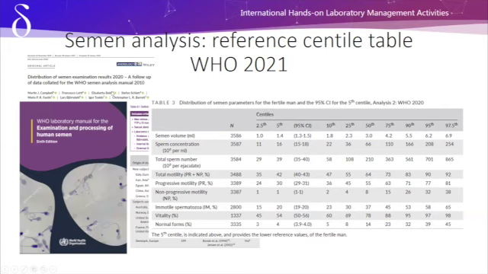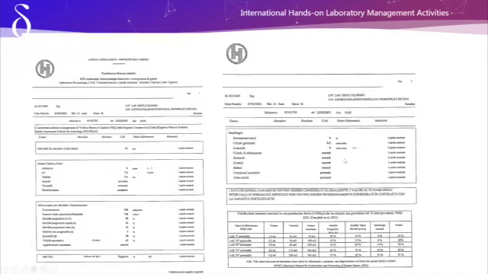But what is important to know is that in the 2021 manual, it has been decided to avoid using a reference value. What they are asking now in this manual is to use this table where the centiles are reported. And so this is how a report of a semen analysis should be. This is ours.